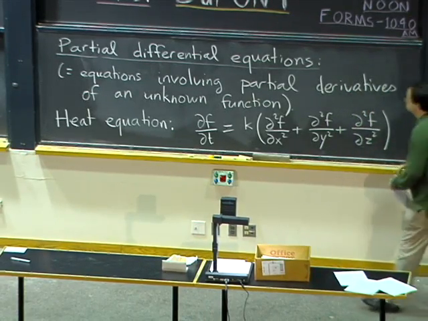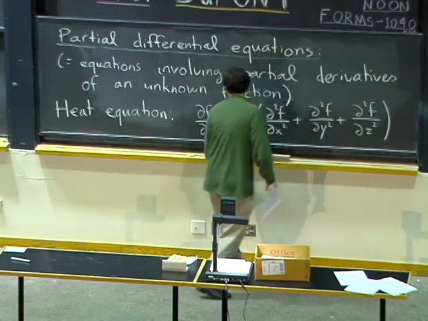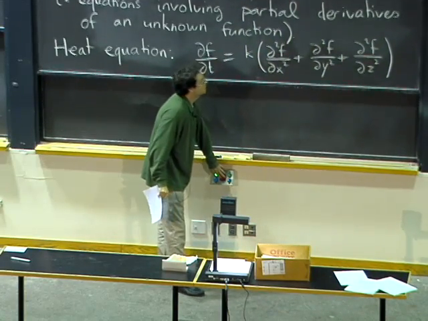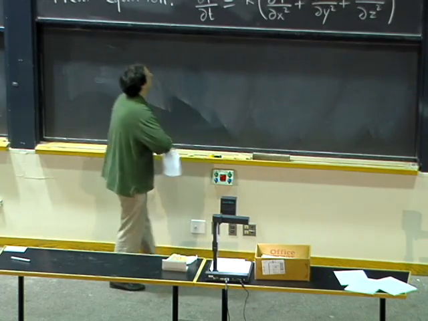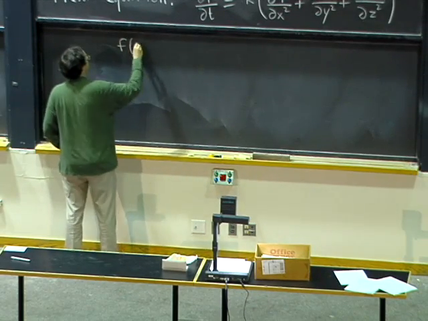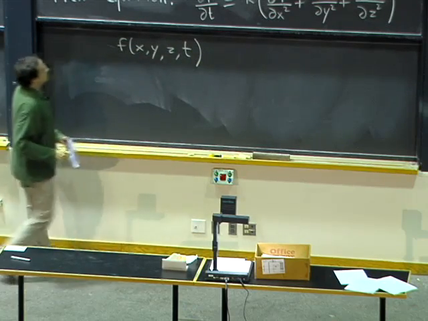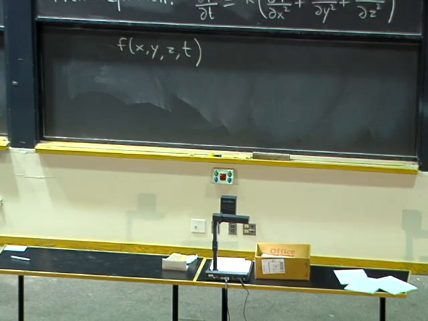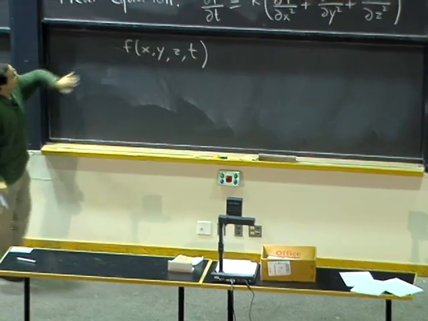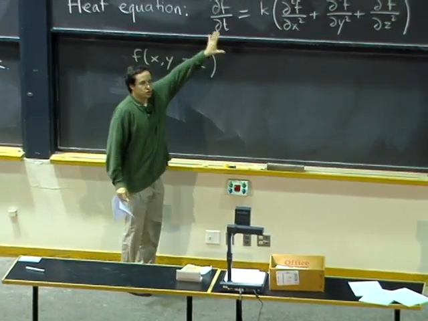So this is an equation where we're trying to solve for a function f that depends actually on 4 variables, x, y, z, and t. And what should you have in mind? Well, this equation governs temperature.